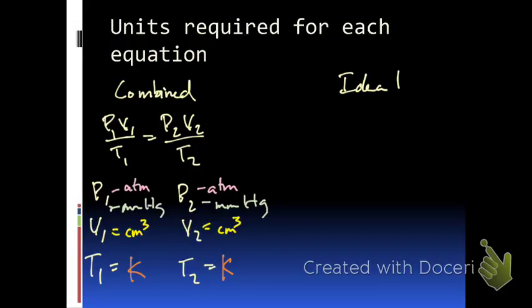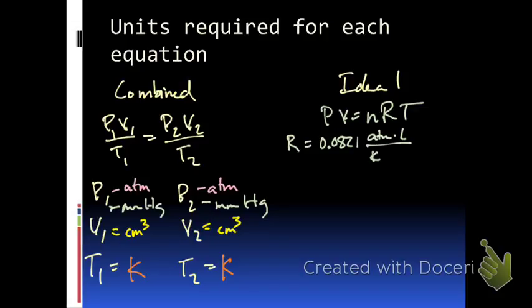So the ideal gas law requires you to actually have specific units based off of the R value, or the R constant, that you use. So for example, if I use the R constant of 0.0821, the units are atmospheres times liter over Kelvin times mole.